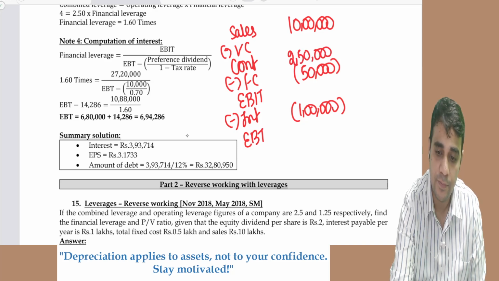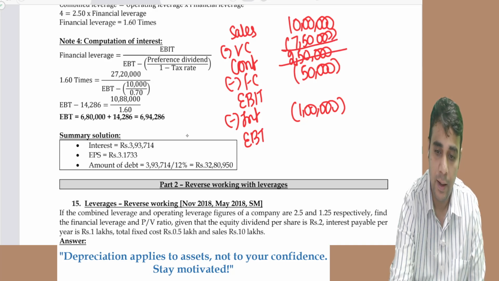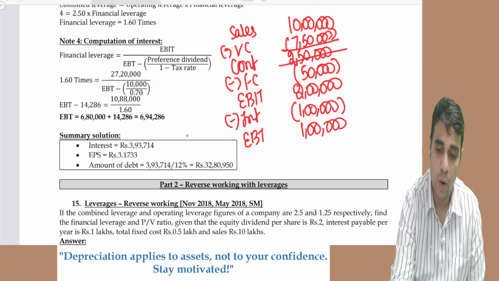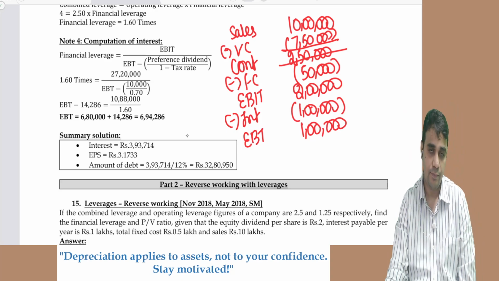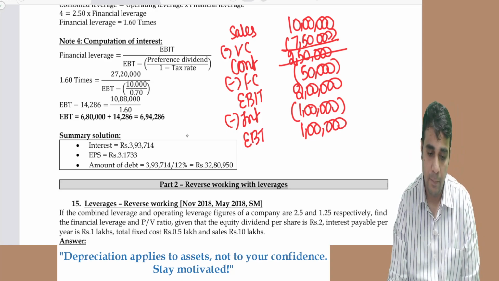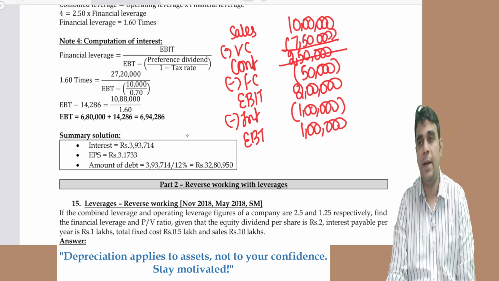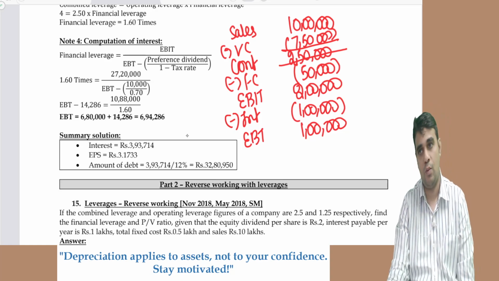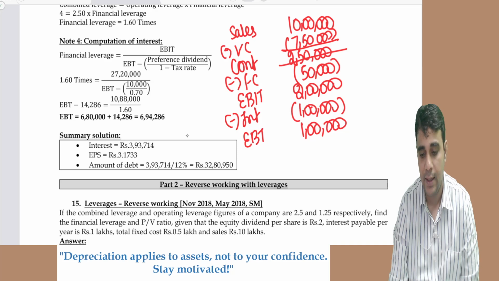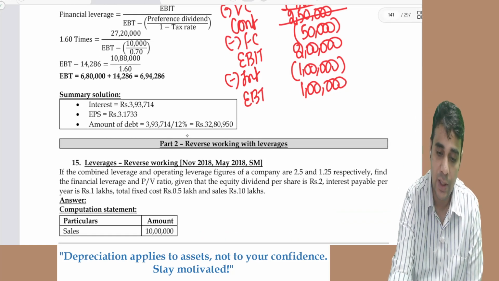Variable cost is 7,50,000. EBIT number is 2 lakh. EBT number is 1 lakh. Financial leverage is EBIT by EBT, or CL by OL, whichever way you do.